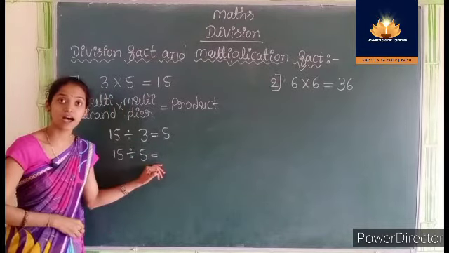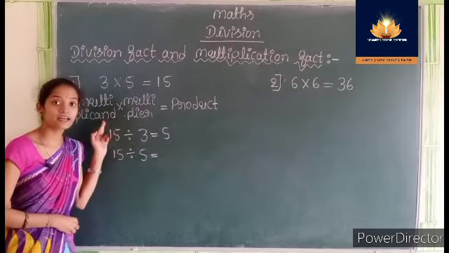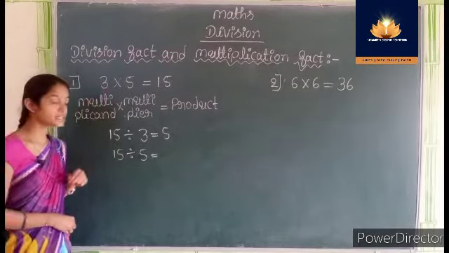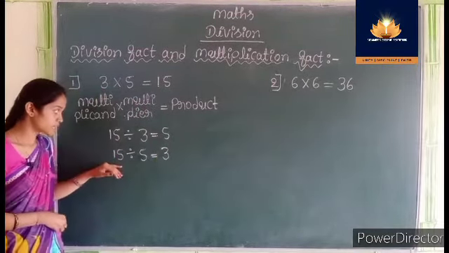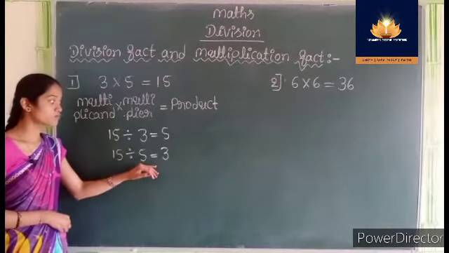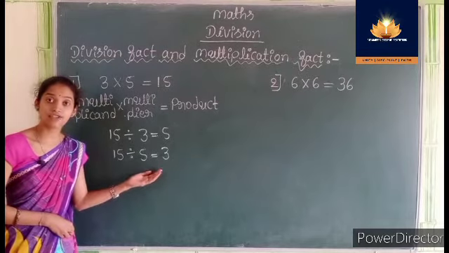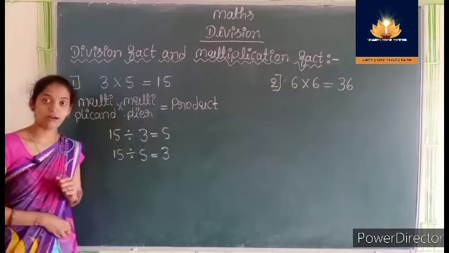Then we get the multiplicand as answer. Here the multiplicand is 3. We will get 3 as an answer. So 15 divided by 5 is equal to 3. Like this we can generate division facts for a multiplication fact.